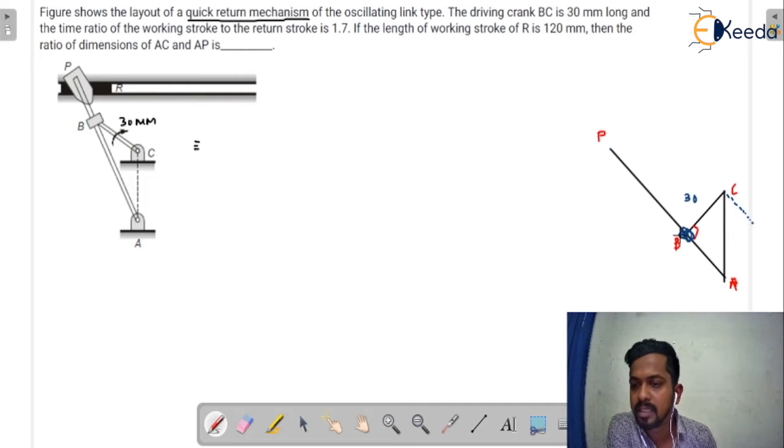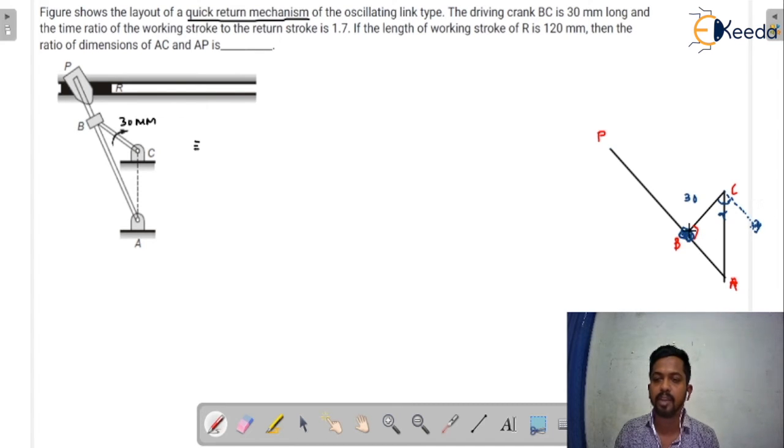Now let me show you the angle. If this is the dead position of the slotted bar, when the cutting stroke starts, then at the end of the cutting stroke the position of the slotted bar will be here, and this would be the other dead position of the slider. This would be the return angle, because the crank continues to rotate in the clockwise direction.